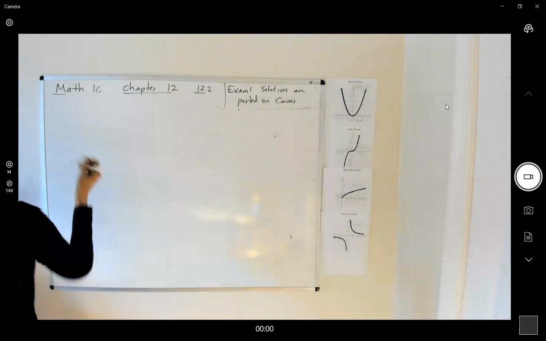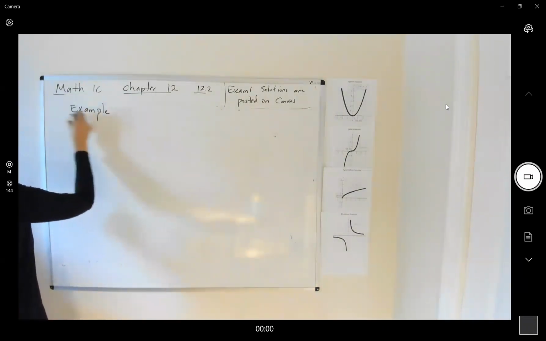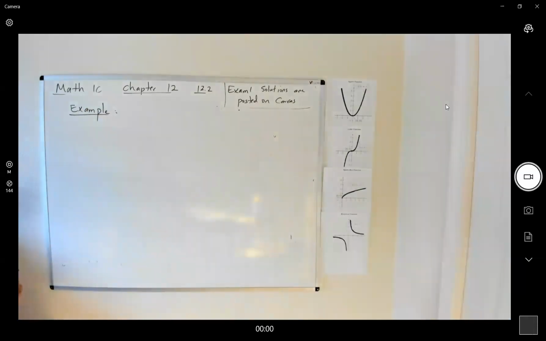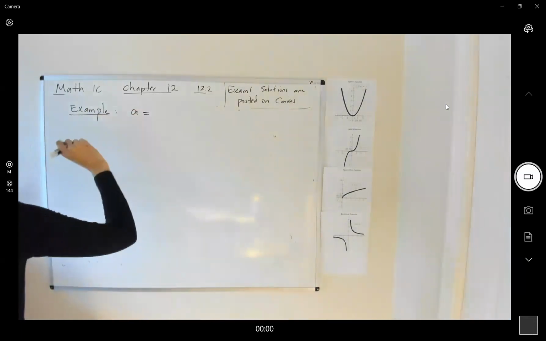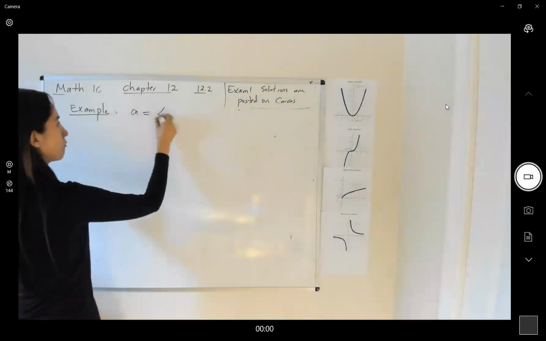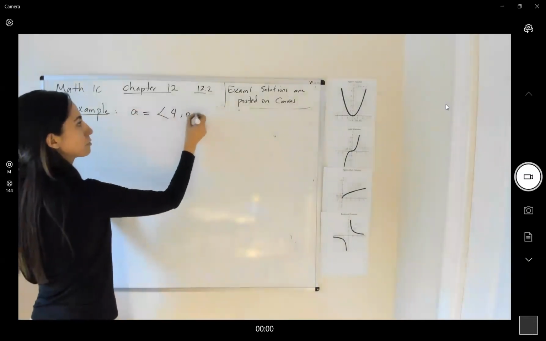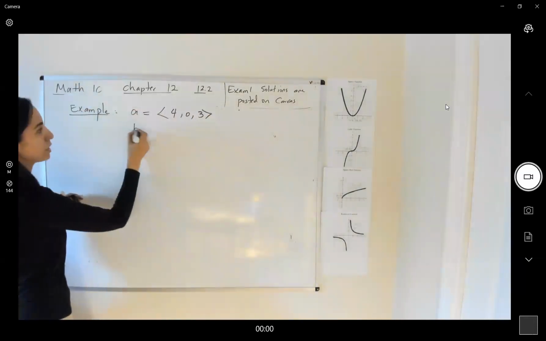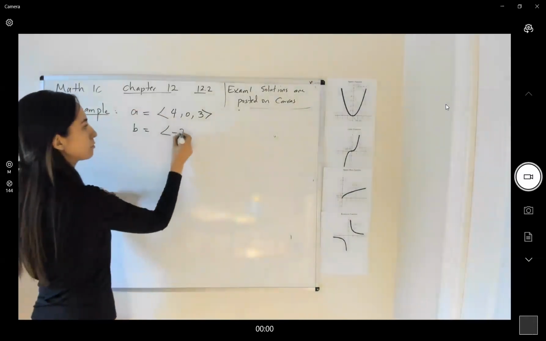This example says, suppose you have A, just a vector, (4, 0, 3), and B is another vector for you, (-2, 1, 5).